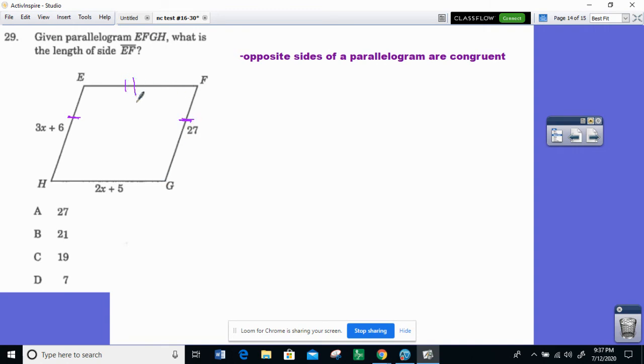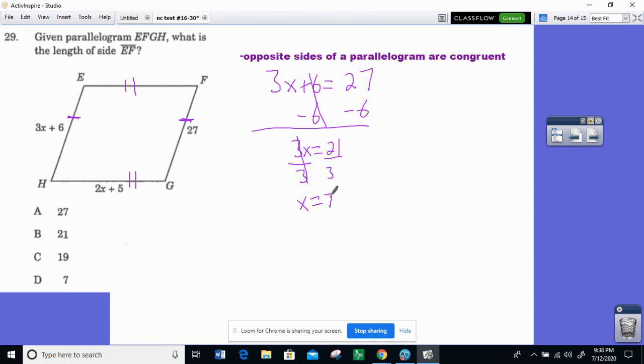We also know that side EF is congruent to side GH. Well, if sides EH and GF are congruent, we can write this equation, 3x plus 6 equals 27. This is a pretty easy equation to solve. So we've got 3x equals 21, and we can divide both sides by 3. And that gives us x equals 7.